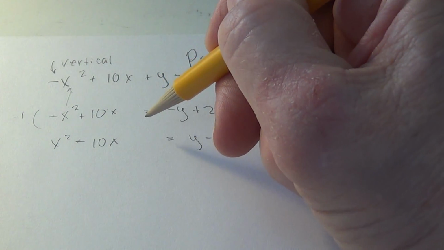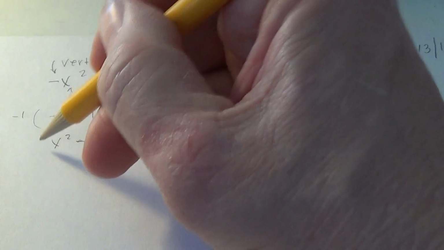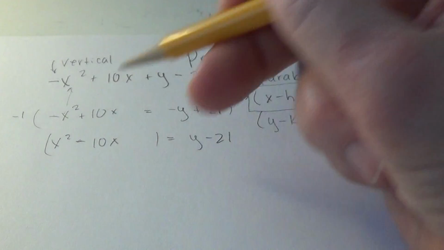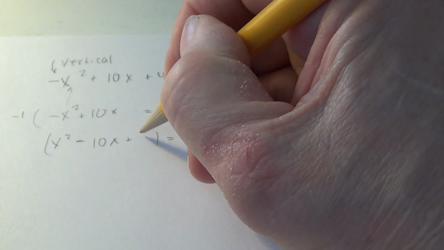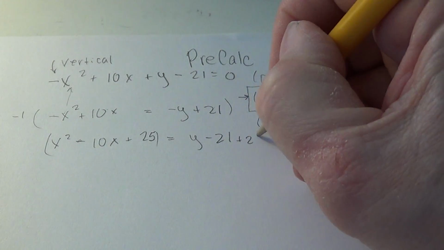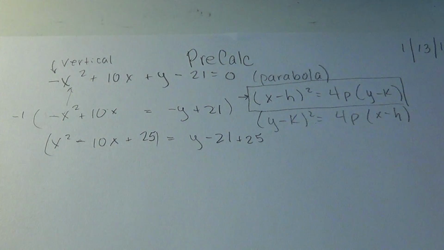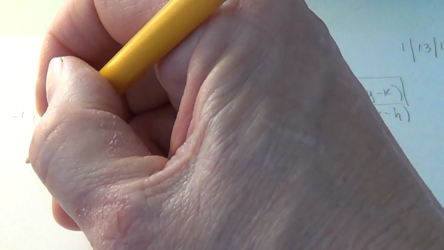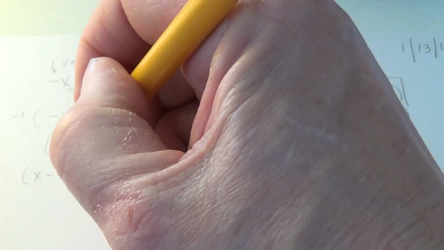Now I will complete the square. To complete the square, I take half of this and square it. So my special number is 25, which I must add to the other side. And now, let's keep this out of the way. I have the perfect square.